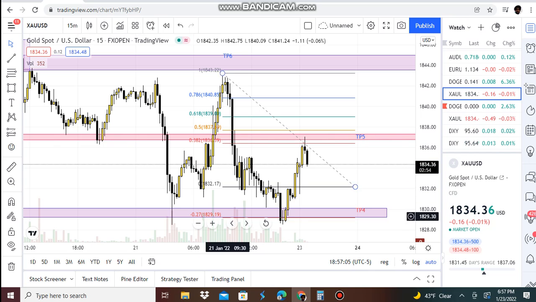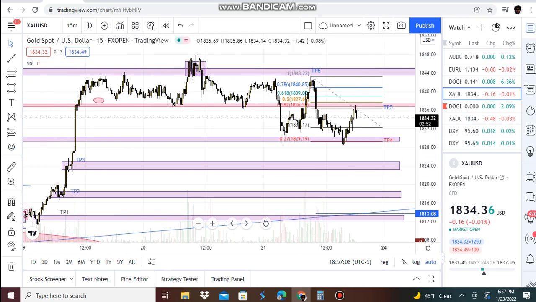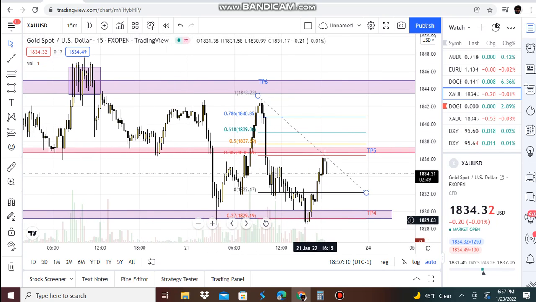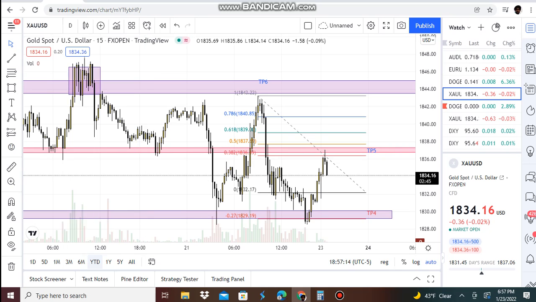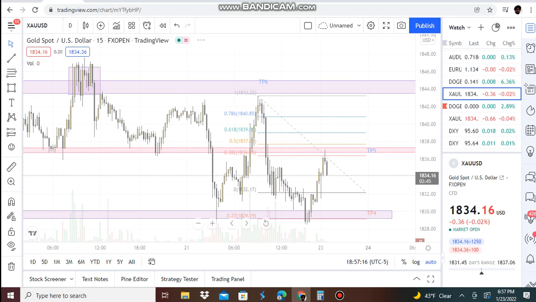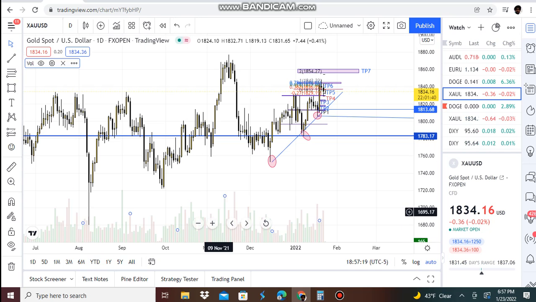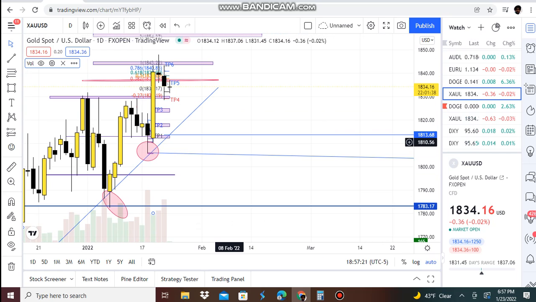Overall trend is still an uptrend though. We still have price going on an uptrend. This is just a retest until we see price break this trend line.